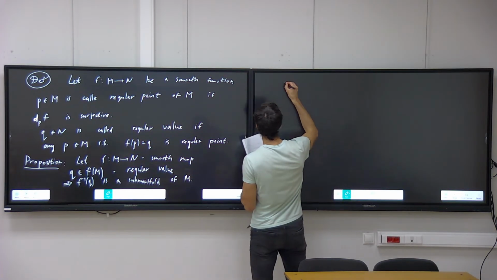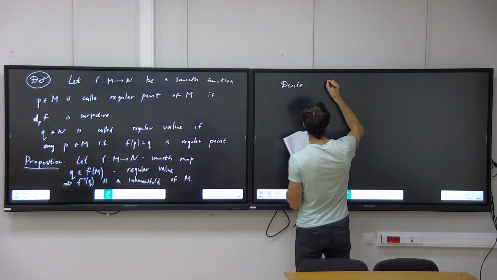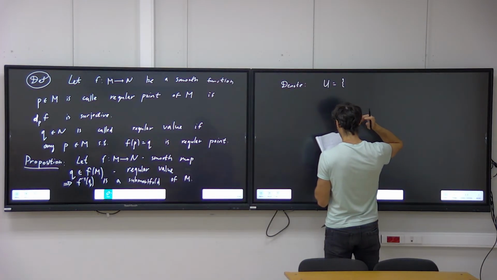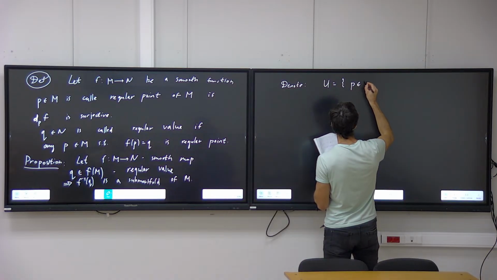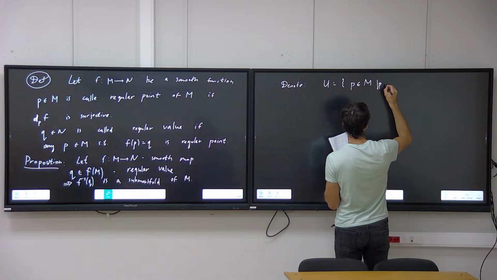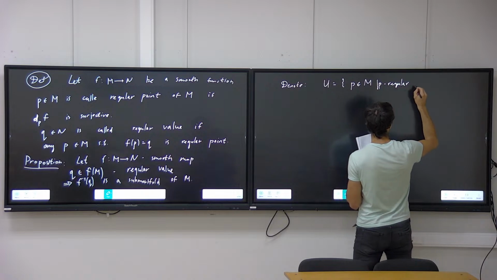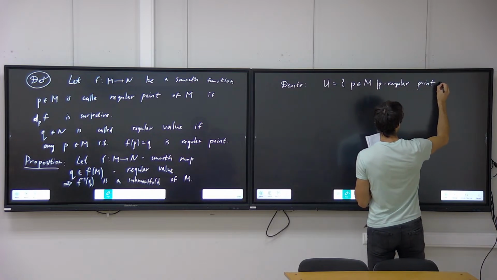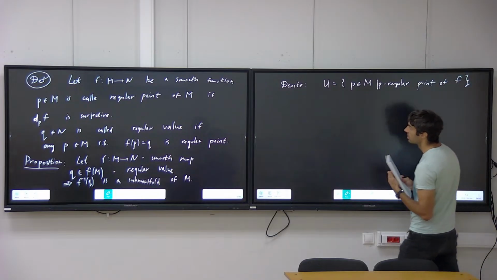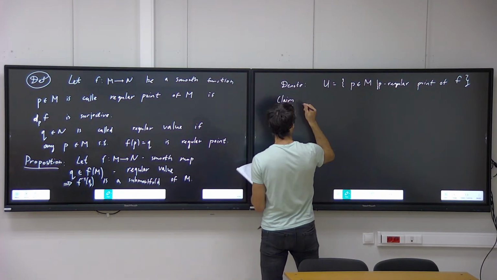So I would like to consider the subset U of all regular points of f, so p such that p is a regular point of f. I claim that U is open.